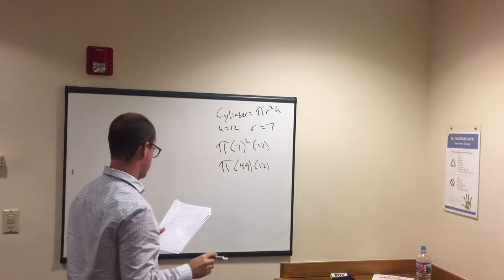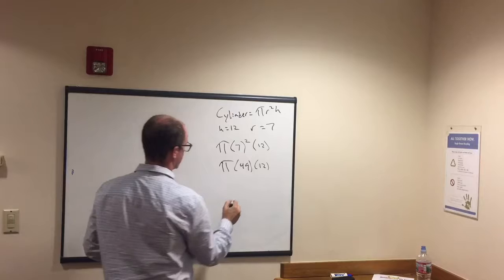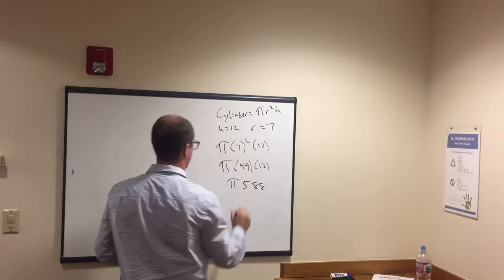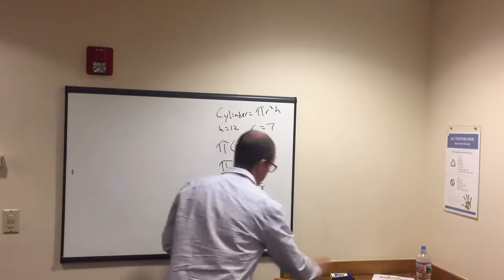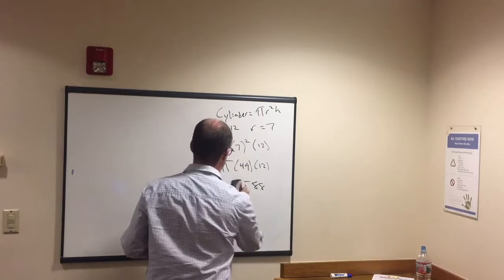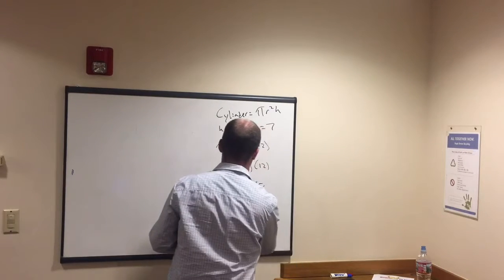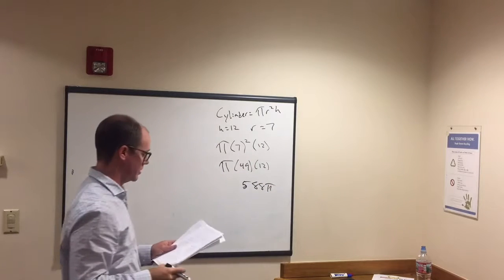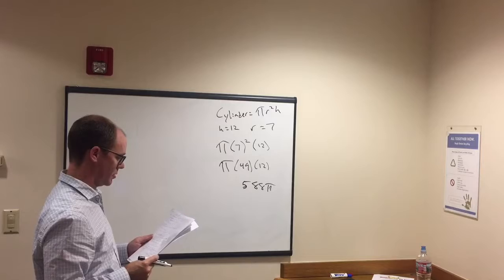What's that math? 49 times 12 is 588 times pi. Whoops, did it wrong. Pi usually goes at the end of the number, so I might as well do it right. 588 pi. That's a good cylinder question.